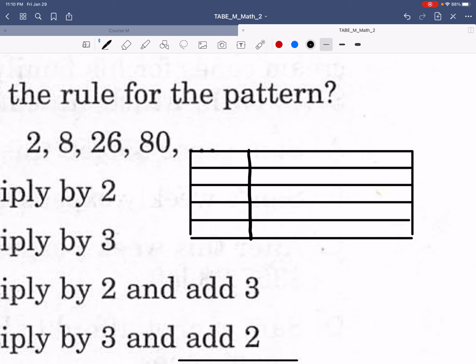Again, it's not a word problem, so I'll just put 3 columns. Here's input, rule, and output. So I have a 2 and an 8, and then an 8 and a 26, a 26 and an 80, and then an 80 and an unknown.